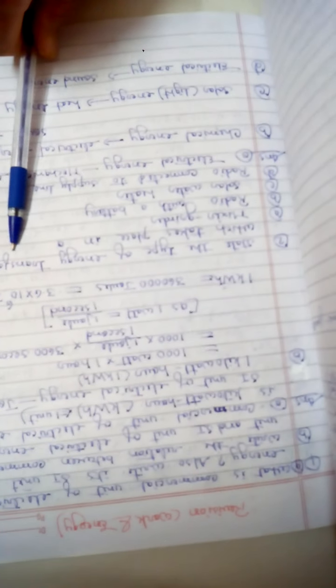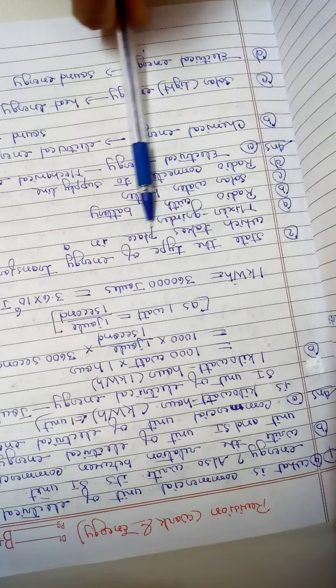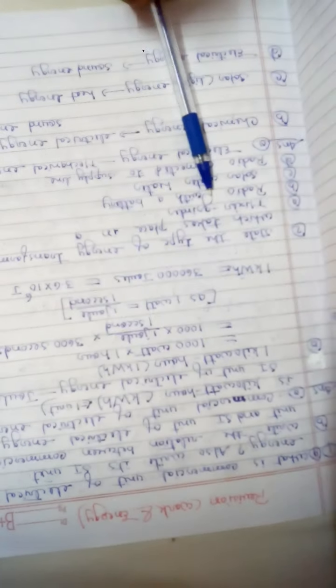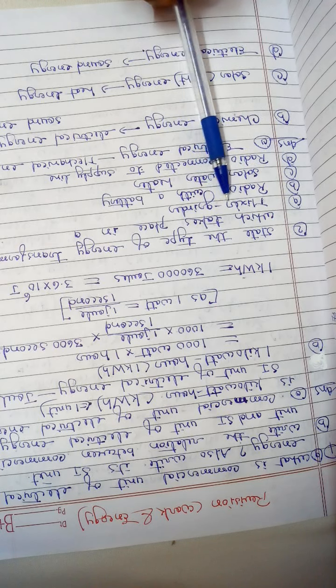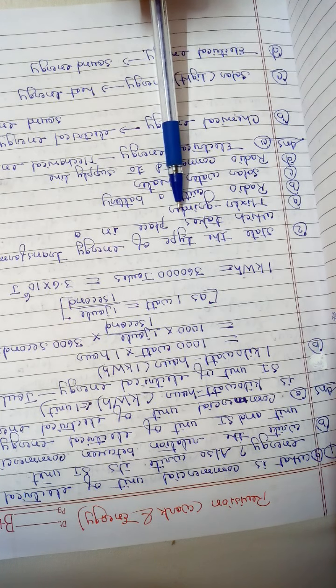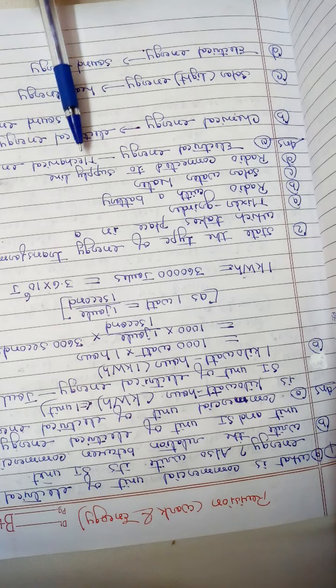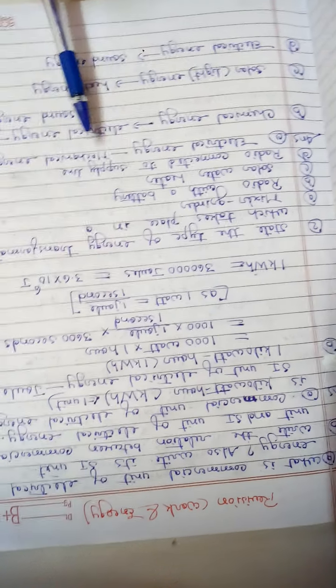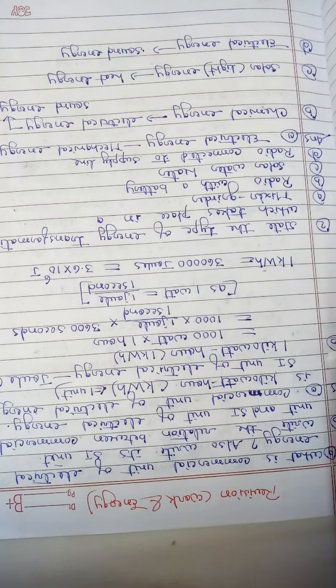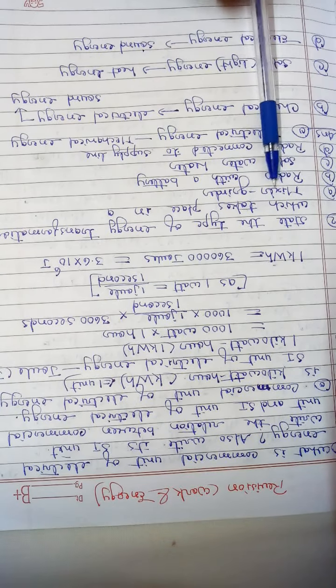Question number 2. State the type of energy transformation which takes place in a mixer grinder. Now here the mixer grinder is working with the help of electricity. So the electrical energy is transformed into mechanical energy, which is rotating the grinder.